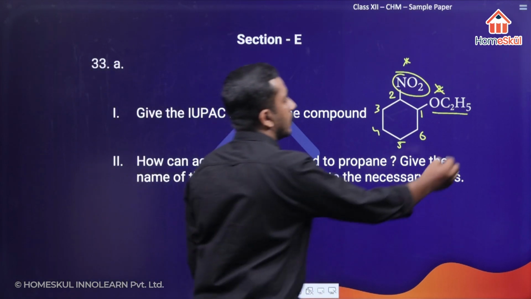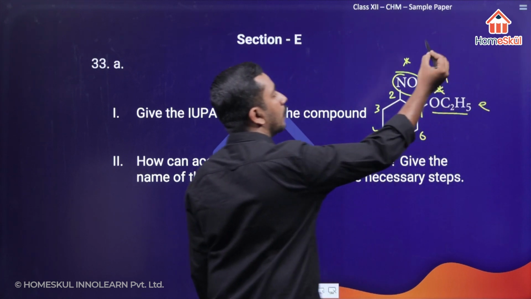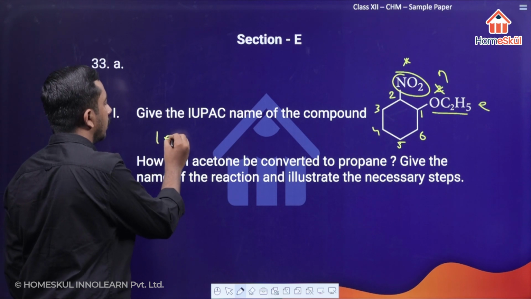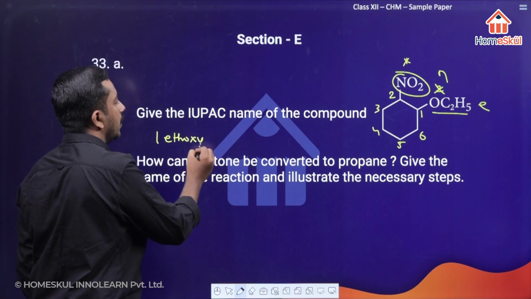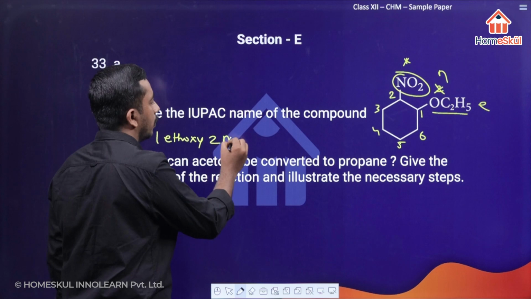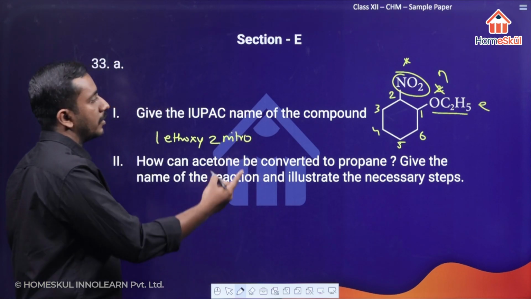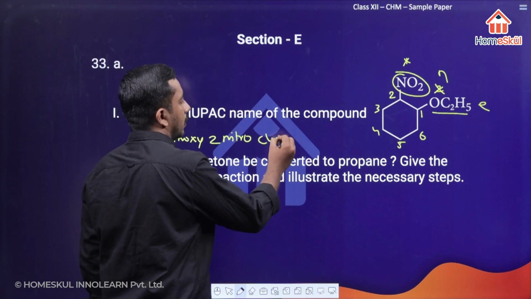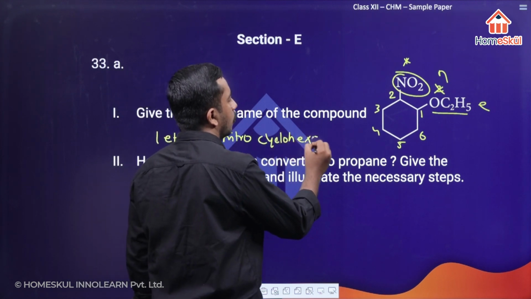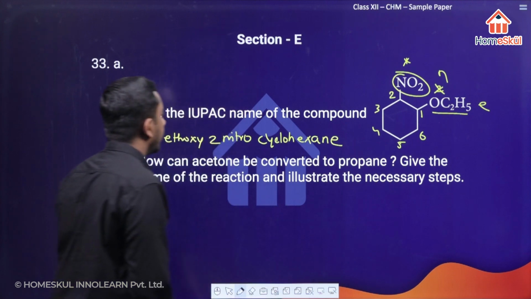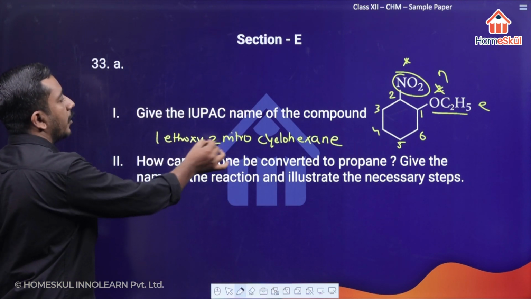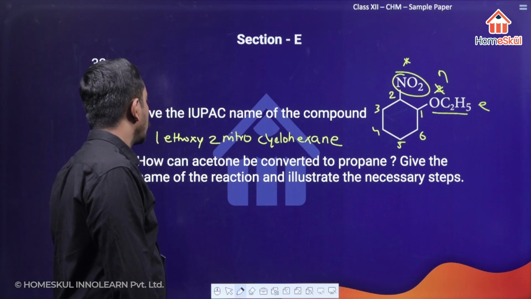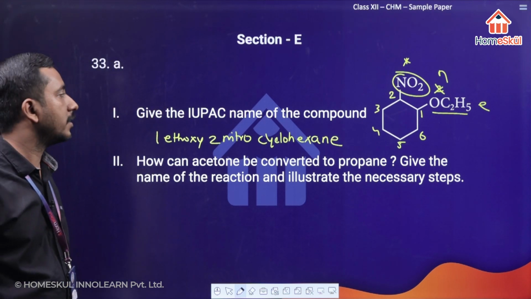In that case, this starts with E and this starts with N. So ethoxy comes first. So the name of the compound will be 1-ethoxy-2-nitrocyclohexane. That is the IUPAC name of the compound, and it is not 1-nitro-2-ethoxycyclohexane. That is a common mistake that has been made.